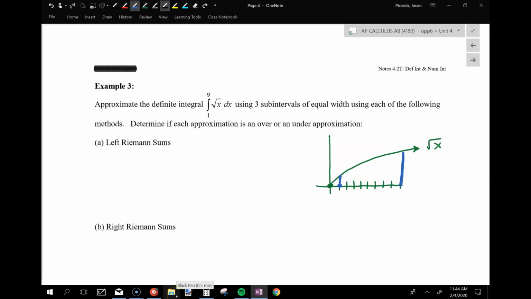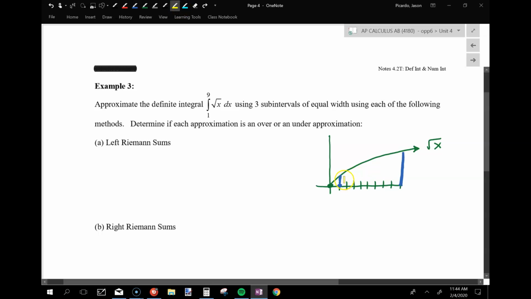So what are we trying to find? We're trying to find this. One of the things that we mentioned yesterday is that your area is always bounded by the x-axis.